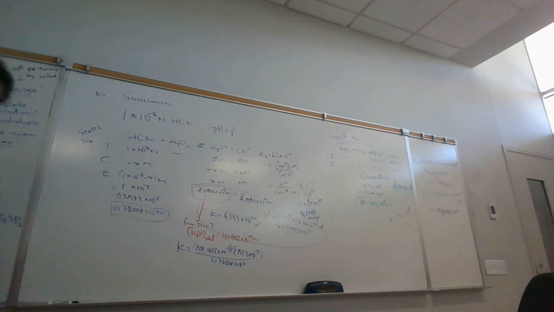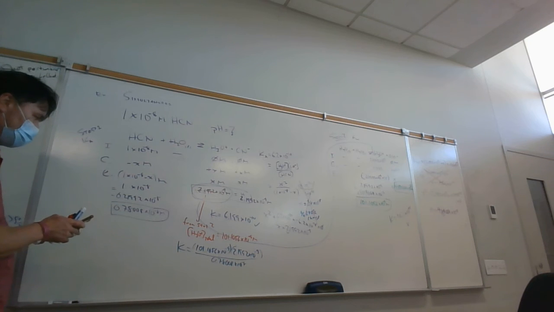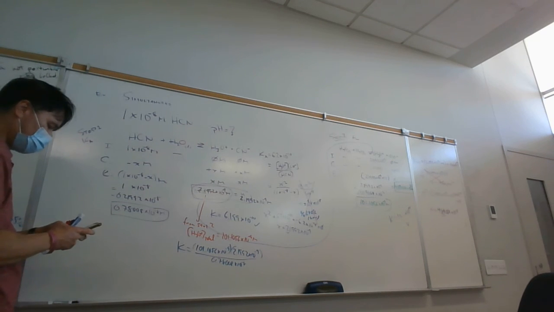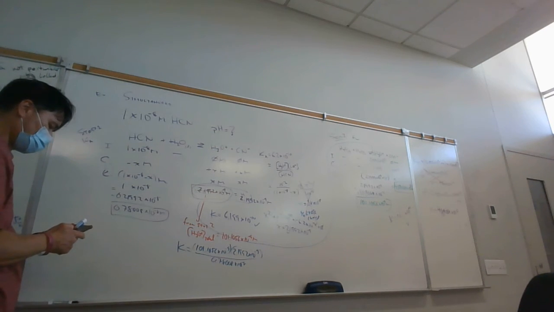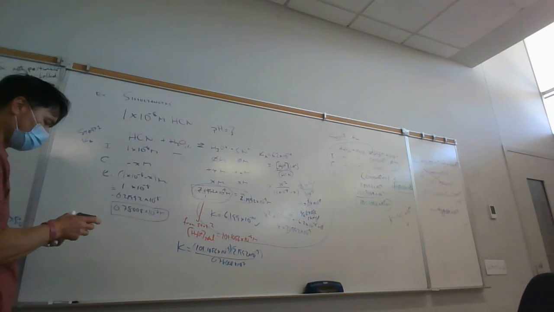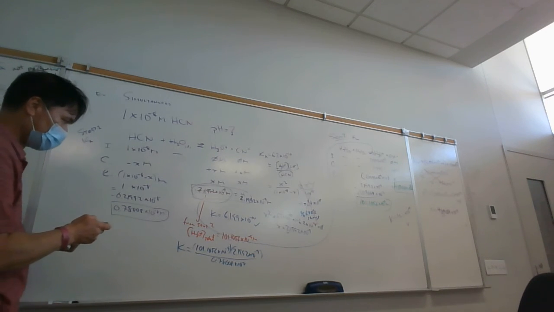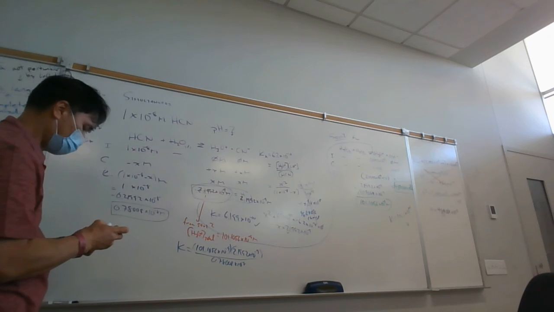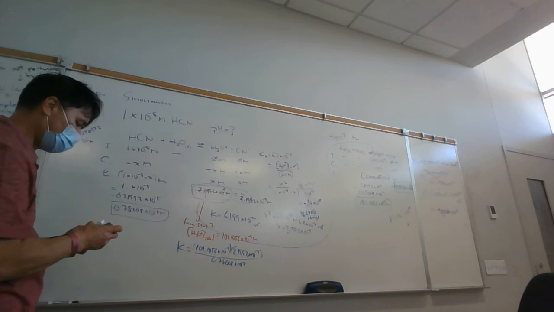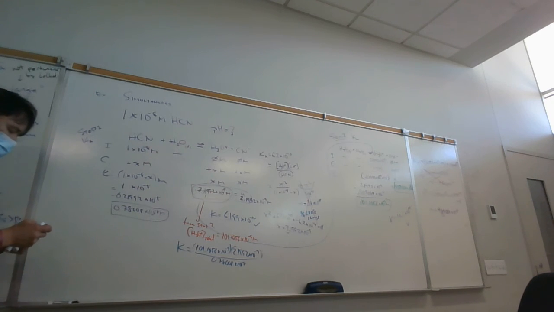But what does K come out to now? So do that calculation. 101.1056 times 10 to the minus 9 times 2.1992 times 10 to the minus 9, divided by 0.78008 times 10 to the minus 8.